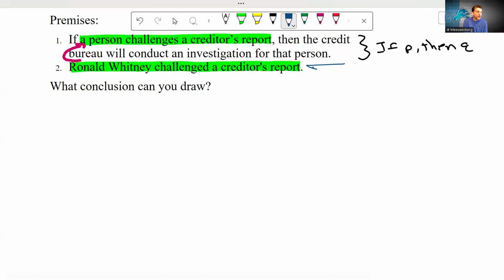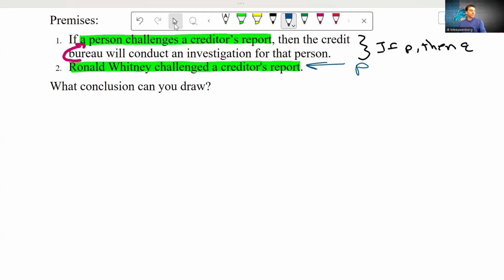And the second one was basically saying P happened, right? That means that the hypothesis P was true. And there's something called the law of detachment.